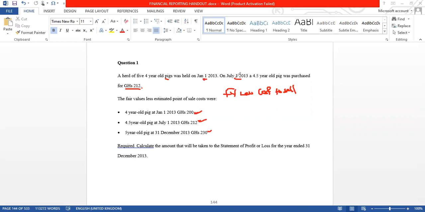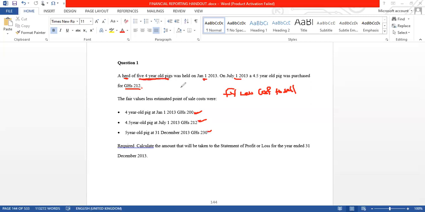When we now move into July, it is 4.5-year-old, all right? And that is what is going to happen. You said that the number of pigs, the animals that we have, looks like a group of 5-year-old pigs.